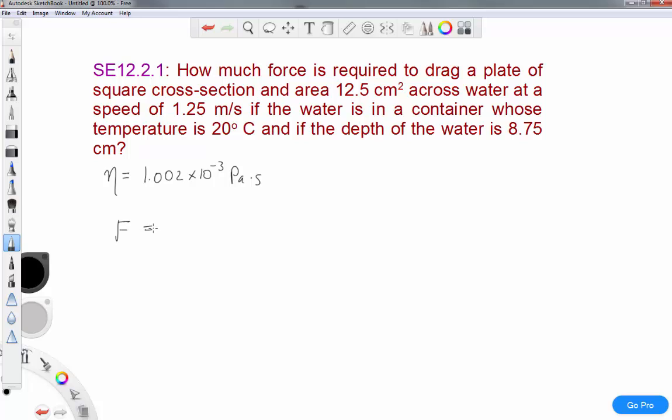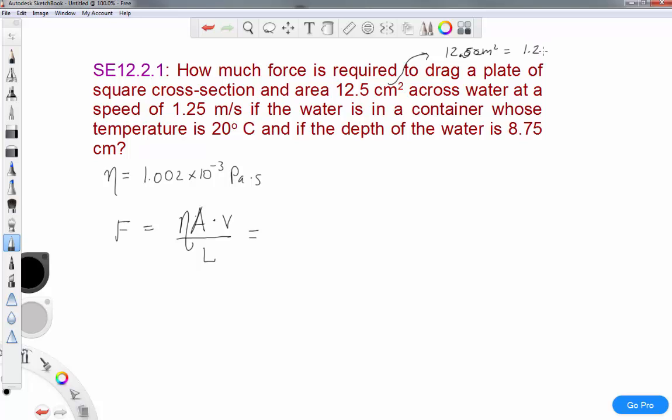And we saw that the force is given by this coefficient of viscosity times the area times the speed that we're dragging with divided by the depth of the water. So looking at these terms, this one right here is 12.5 centimeters squared, but we've got to convert that into meters squared, and so we do that by dividing by 100 twice.